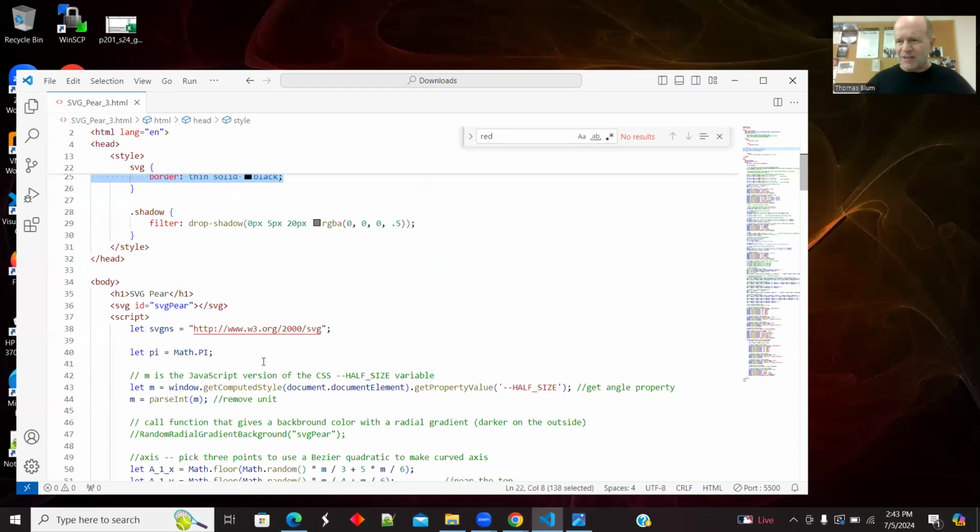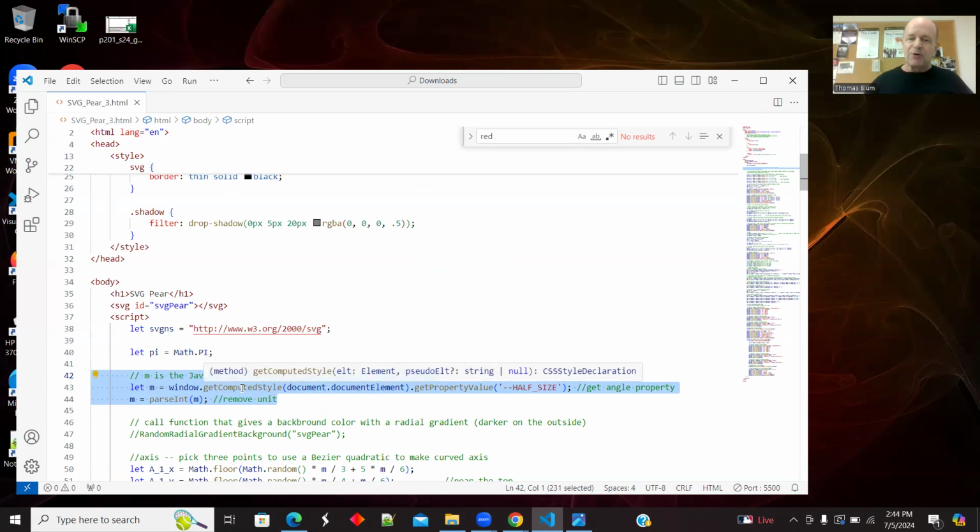I was doing lots of angle things and pi was coming up all over the place, and so instead of doing Math.PI a million times, which is what I started off doing, I just got it once as a local variable pi. And then M is me going up to my style and grabbing that half size. And so that's a parameter.